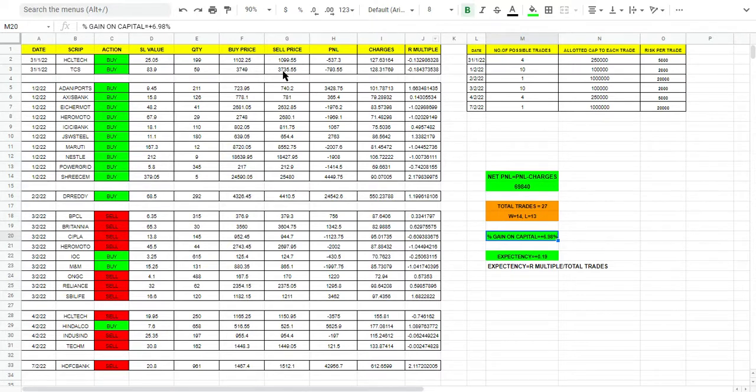For example, on 1st of February, Adani Ports, we made a profit of 3,428 rupees 70 paisa, but our initial risk, the R, was 2,000 rupees, and we made a profit of somewhere 3,327 rupees. So that was 1.66 times the initial risk we had taken in the stock.